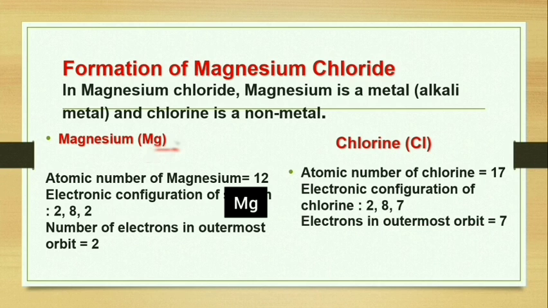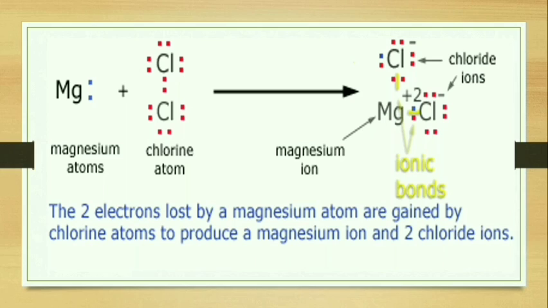So, by gaining one electron, chlorine will form a stable electronic configuration, and by losing 2 electrons, magnesium will form a stable electronic configuration. Now, if we see the structure, magnesium has 2 electrons to lose, whereas each chlorine atom has 7 valence electrons. By gaining 1 electron, it forms a stable configuration.